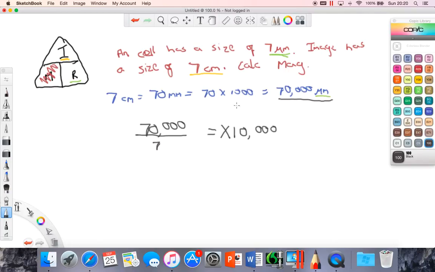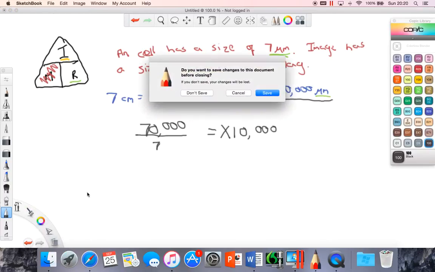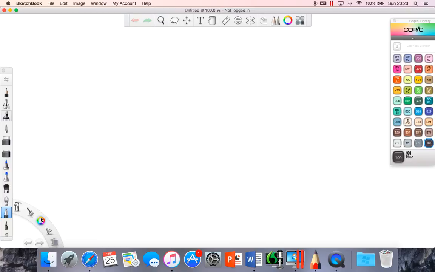Now, you won't always be given the question like this. Okay? So if we get rid of this, we put our triangle back at the top. So we've got our image, our magnification, and our real size, like so. You may sometimes be given a picture, okay?